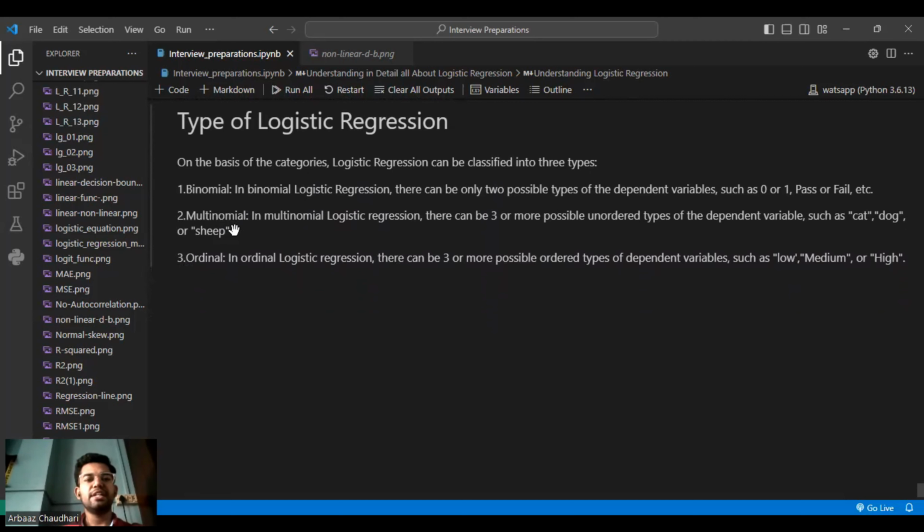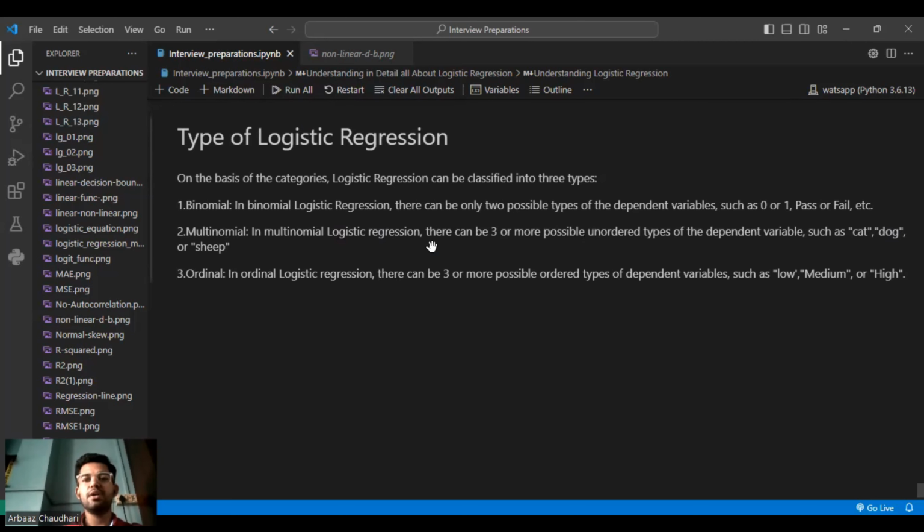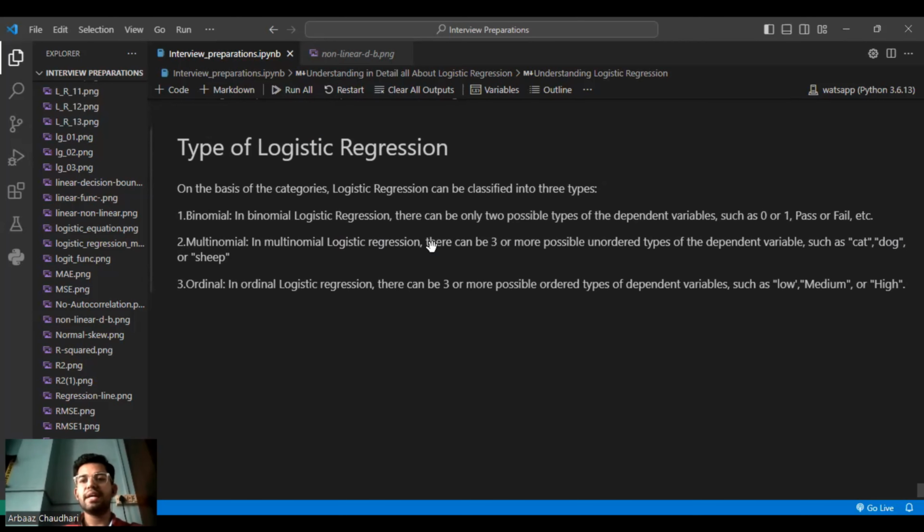Then the second is multinomial. In multinomial logistic regression, there can be three or more possible unordered types of dependent variable, such as cat, dog, or sheep. Or if the features are there, x1, x2, x3, and if you want to say with the help of x1, x2, x3 whether the animal is cat, dog, or sheep, that type of problem becomes a multinomial logistic regression.